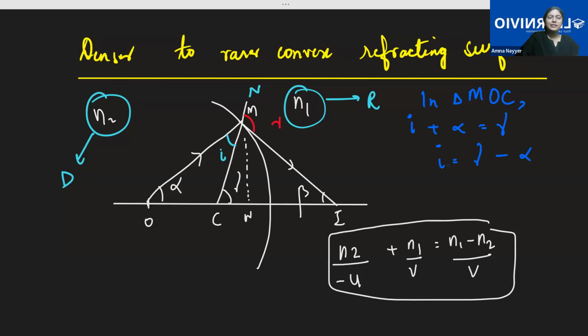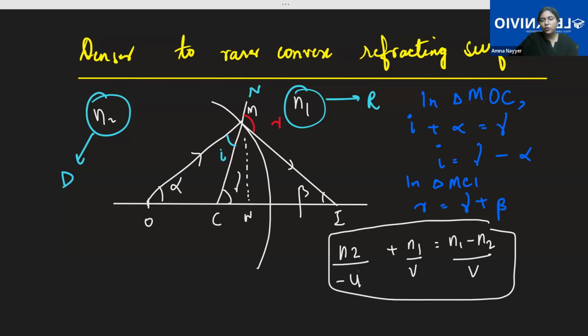Second point, in triangle MCI, the angle of refraction is equal to gamma plus beta. So these are the differences. In the previous case, if you have gone through the derivation, angle i was equal to the sum of two and refraction was equal to the difference of two. Here it will be this. So you solve them.